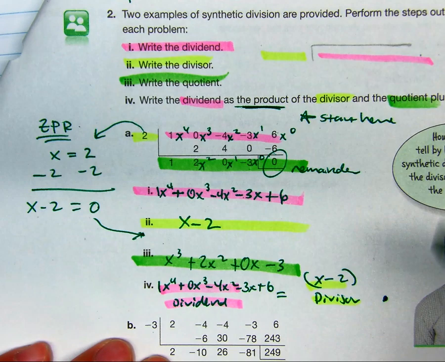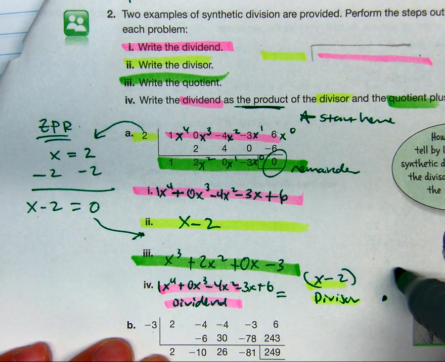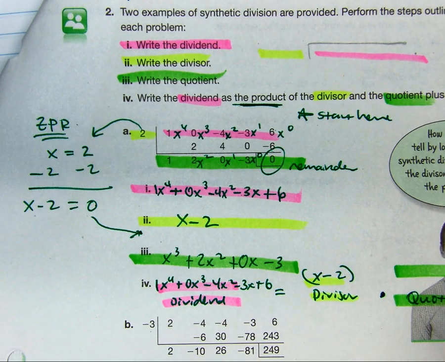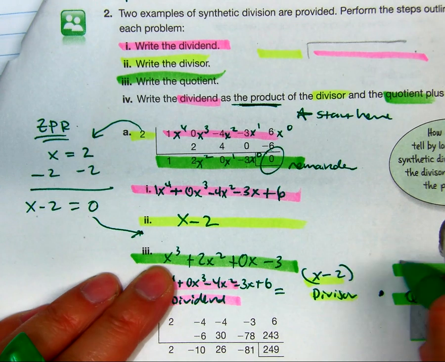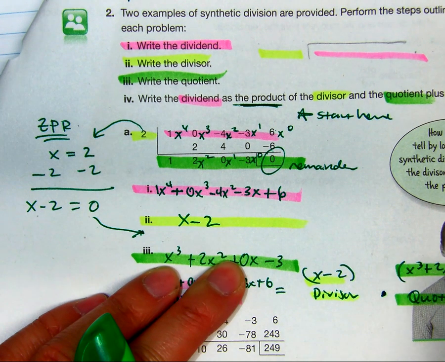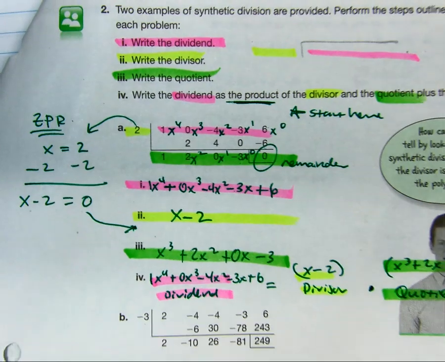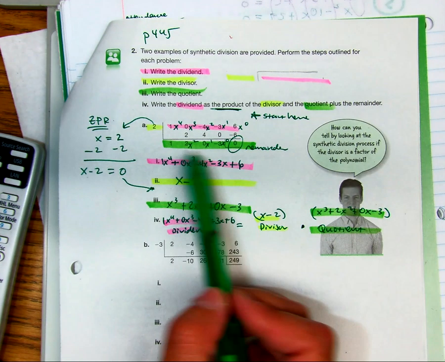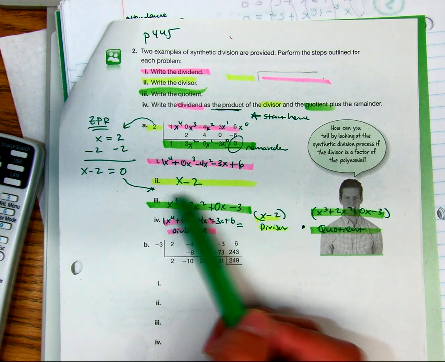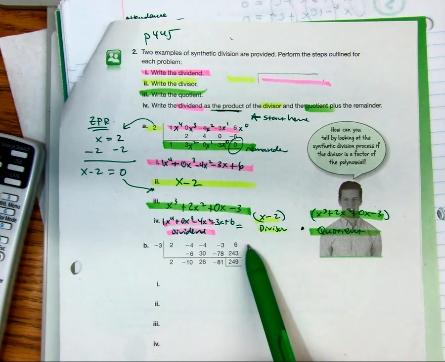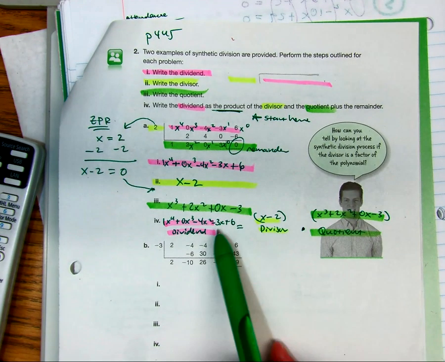The quotient is in green, and that would be this one, x cubed plus 2x squared plus 0x minus 3. Zoom out for you. So, based on our synthetic division, we have the dividend, the divisor, and the quotient, and then the fourth step says write them as basically a product. Divisor times the quotient equals the dividend.